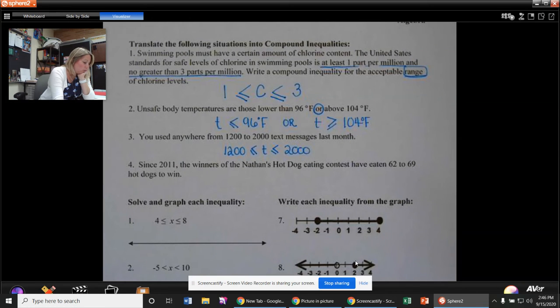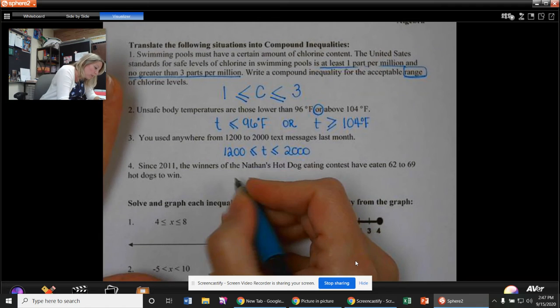This is so gross. Since 2011, the winners of the Nathan's Hot Dog Eating Contest have eaten 62 to 69 hot dogs to win. That is disgusting. Again, look at that. It's this smallest number to this largest number. They're telling you in the way they word the problem that this is and, both have to be happening. It's between these two values.